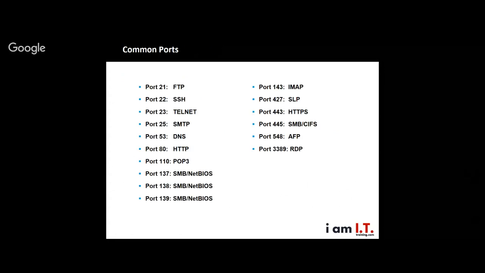Just to let you know what each of those are: 137 and 138 is the NetBIOS datagram distribution service, which is how it puts out information, and 139 is actually the session service, so how it communicates. 143 is IMAP, and that's the more advanced version of how to receive email. It stands for Internet Message Access Protocol.